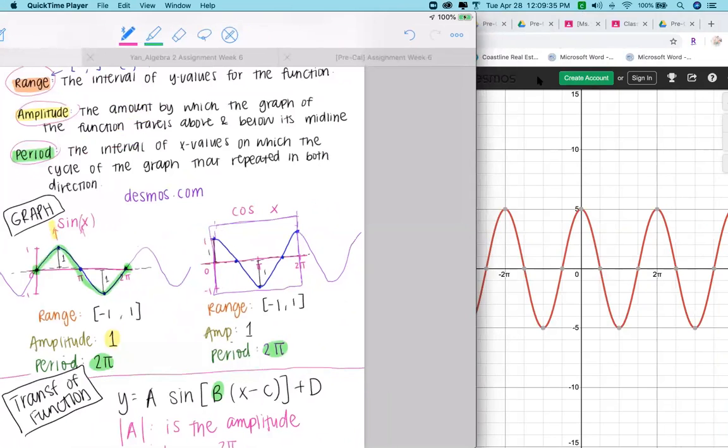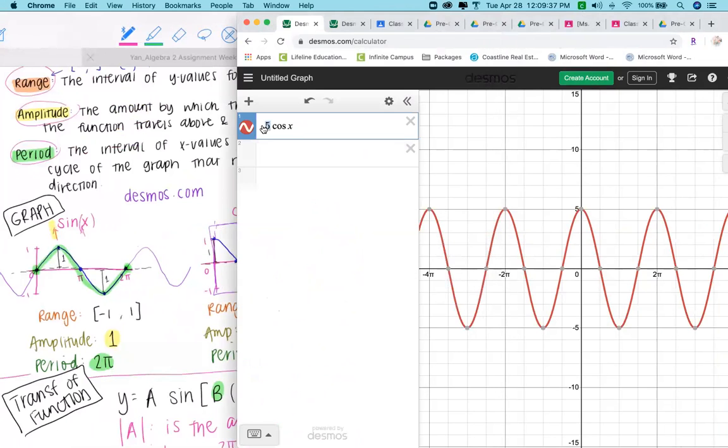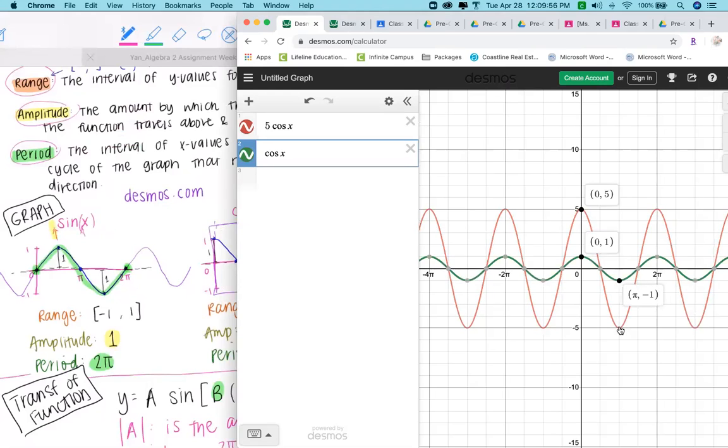If I put a 5 in front of it, you notice how it went from here to up here, from 1 to 5. So my y values have jumped from 1 to 5, and also from -1 to -5. Look at the y value.